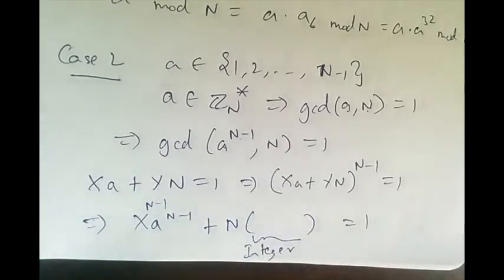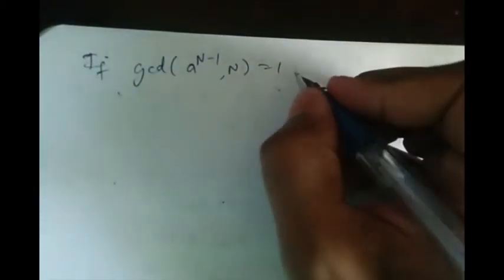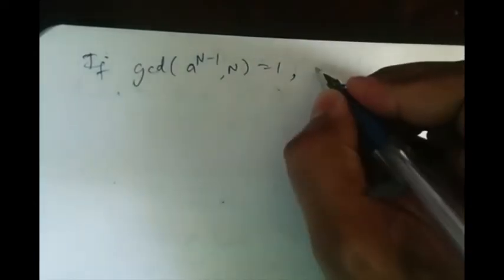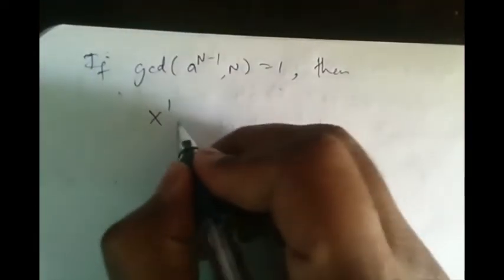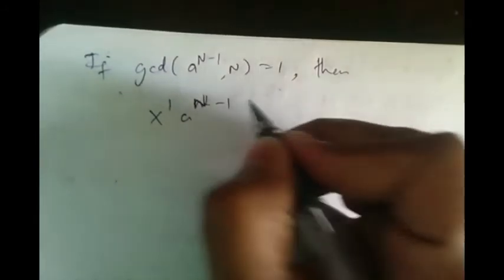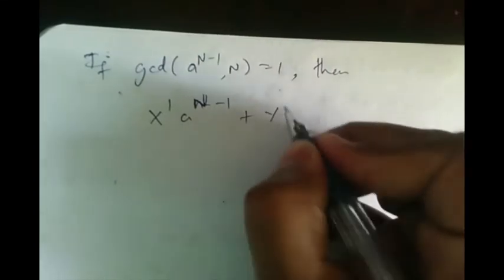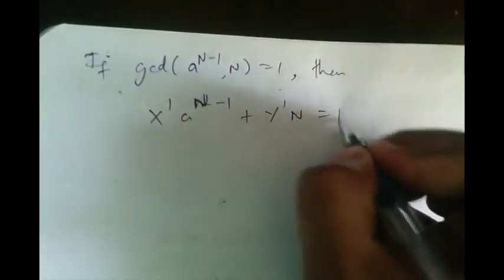Okay. So if the GCD of a raised to n minus 1 and n is 1, that means that there exist some other integers x prime, y prime such that x prime a raised to n minus 1 plus y prime n is 1.